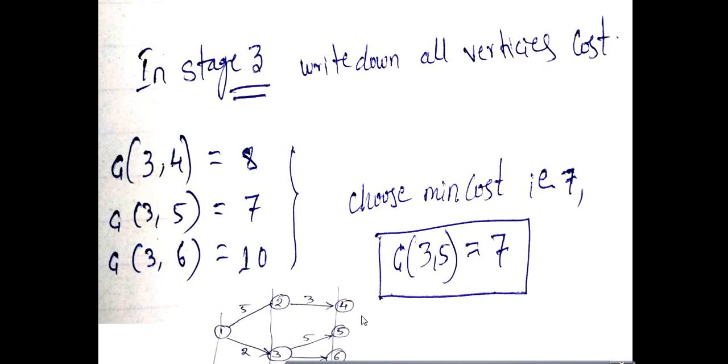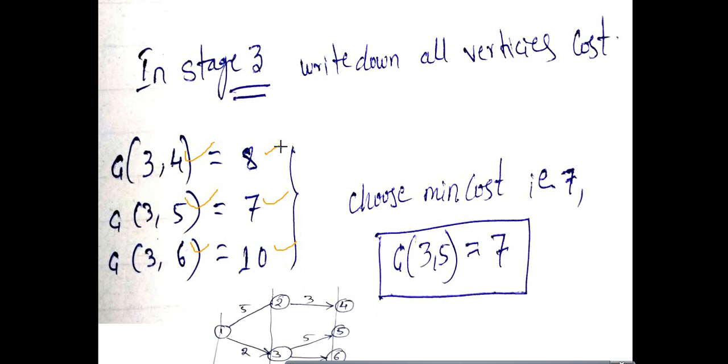Now in the third stage we have calculated 3 values, I mean fourth vertex, fifth vertex and sixth vertex. So we got the values 8, 7 and 10. Our job is what? To find the minimum cost of the path.